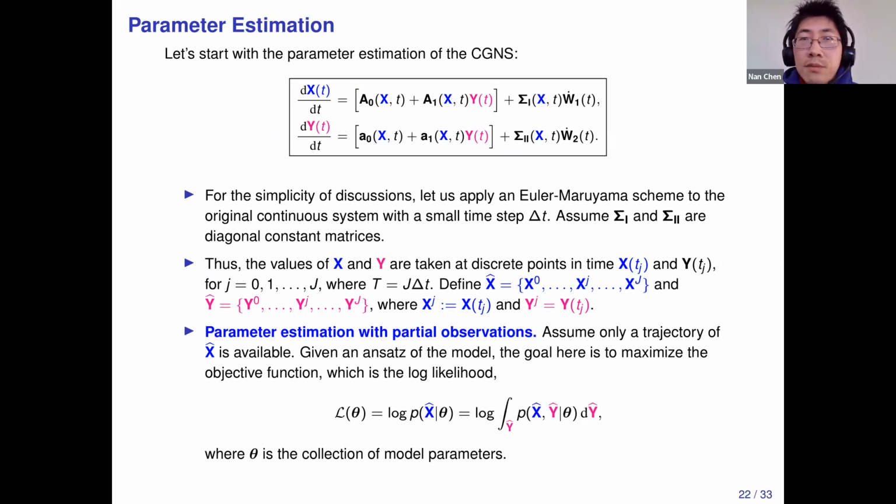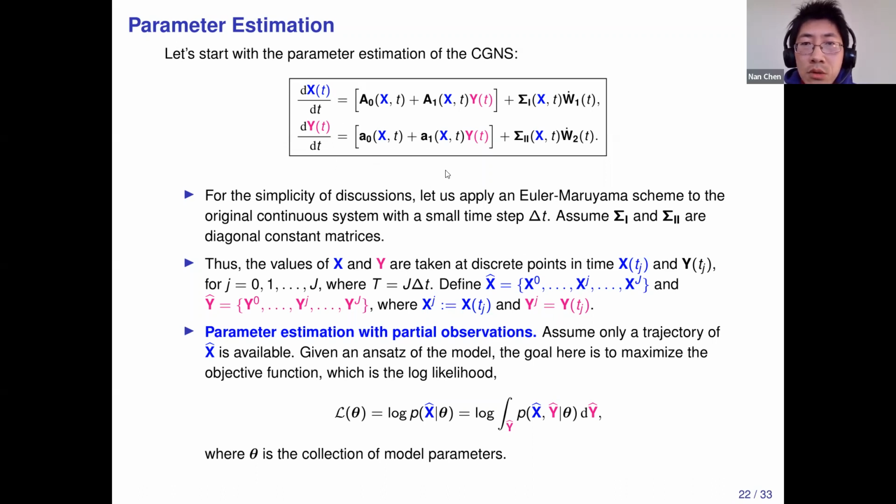You can use very simple regression if that works, you can do Markov chain Monte Carlo, and you can use your empirical knowledge to estimate parameters. But here, assume that we only have partial observations, meaning that for this coupled system, only the observation of X is available. The method I will discuss here is called the expectation maximization algorithm.